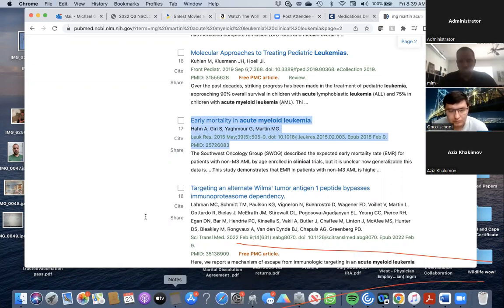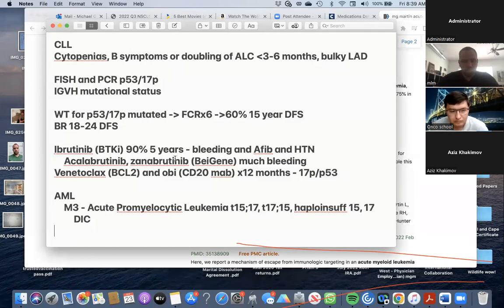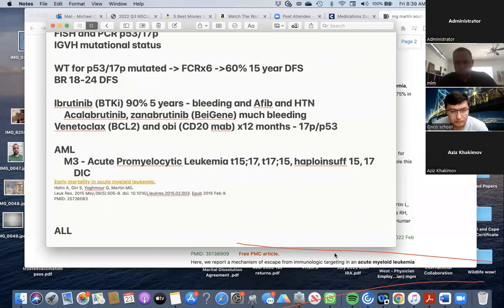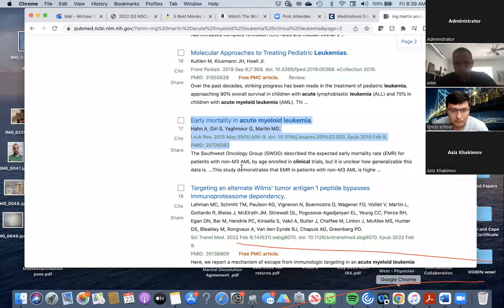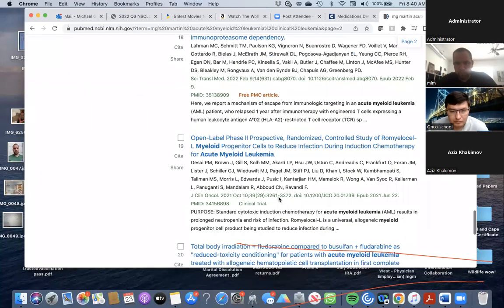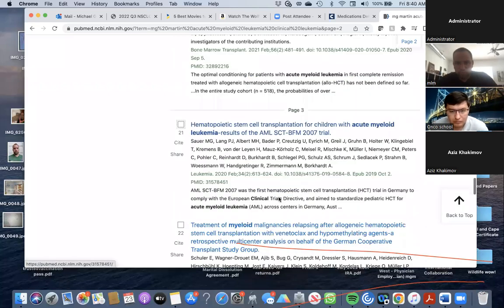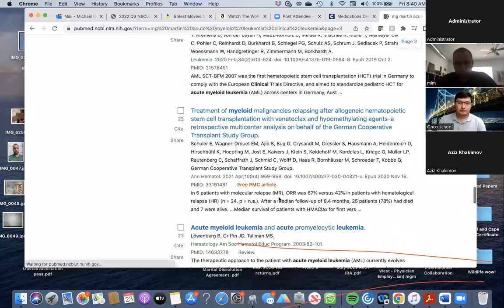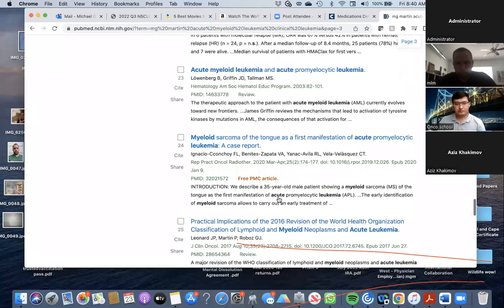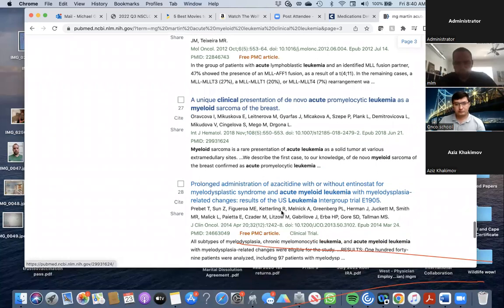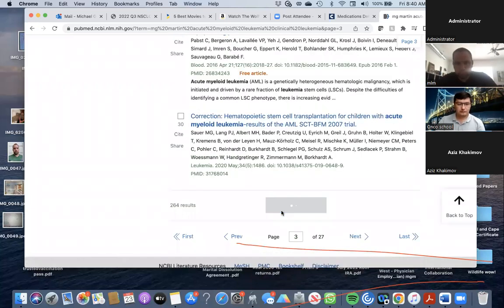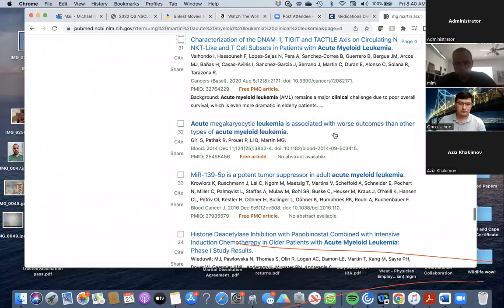This is a good paper for how to keep people from dying with AML. It goes through all of the specific ways that we monitor people. Here's another one from me.